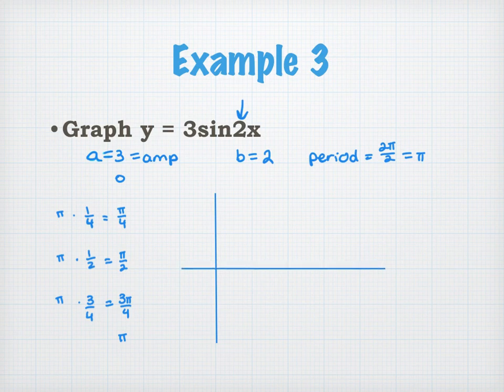I'm going to label my horizontal points, which are 0, pi over 4, pi over 2, 3 pi over 4, and pi. Now we're planning our own spacing here, so it doesn't really matter how wide you set that up.